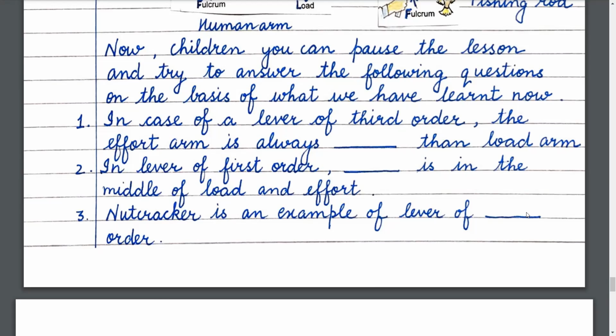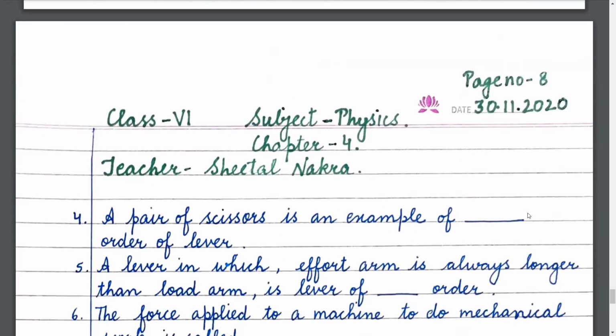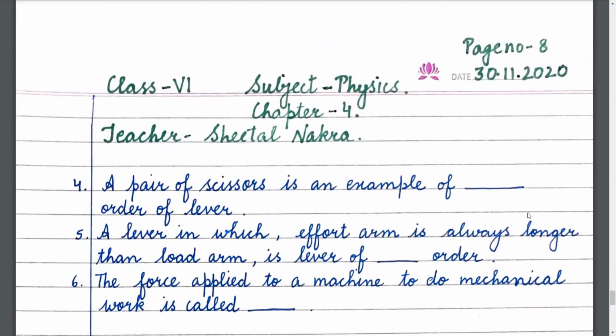Nutcracker is an example of lever of dash order. Number 4, a pair of scissors is an example of dash order of lever.